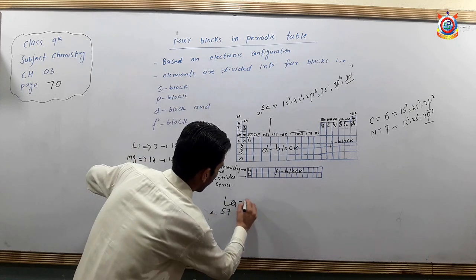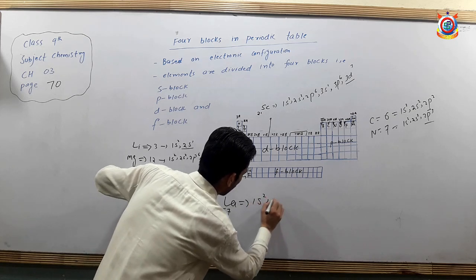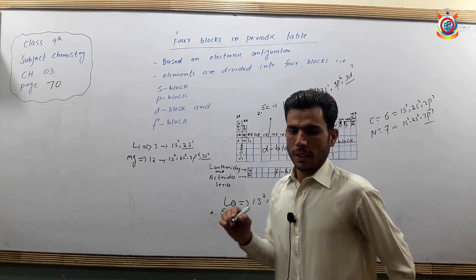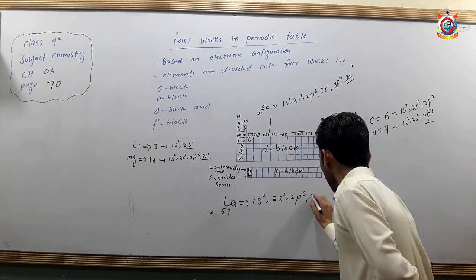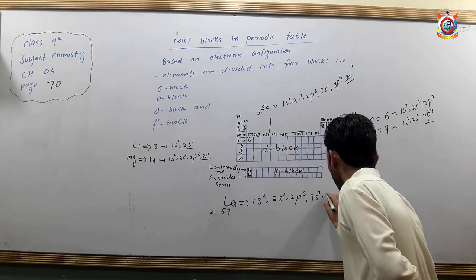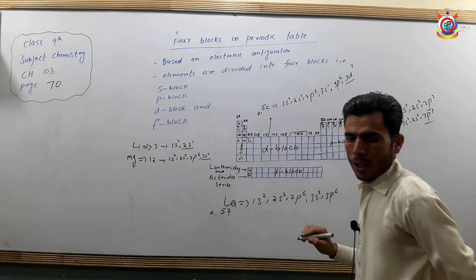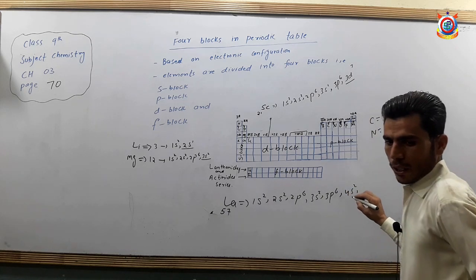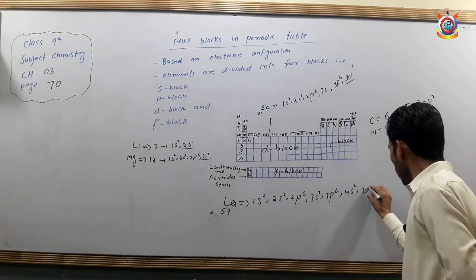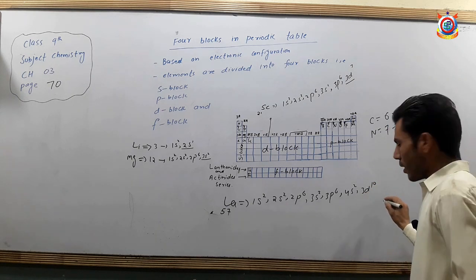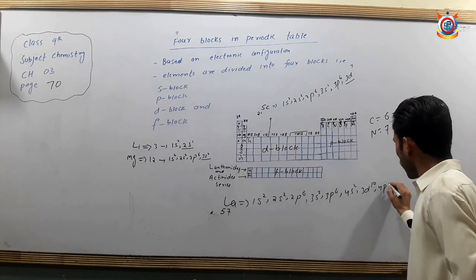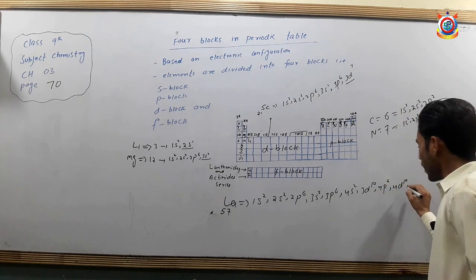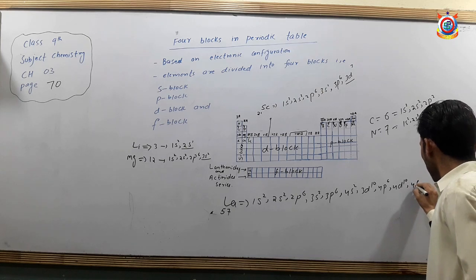Its electronic configuration is 1s2, 2s2, 2p6, 3s2, 3p6, 4s2, 3d10, 4p6, 4d10, and the last electron in 4f.